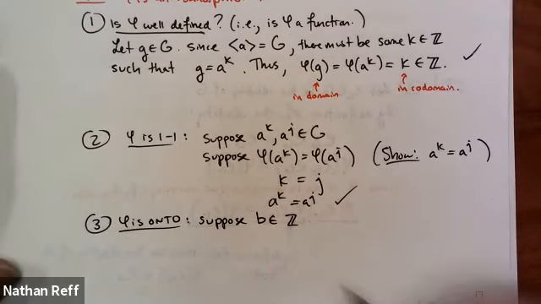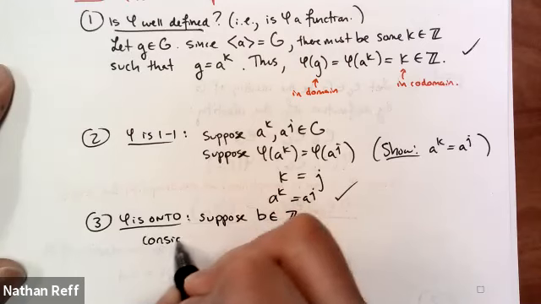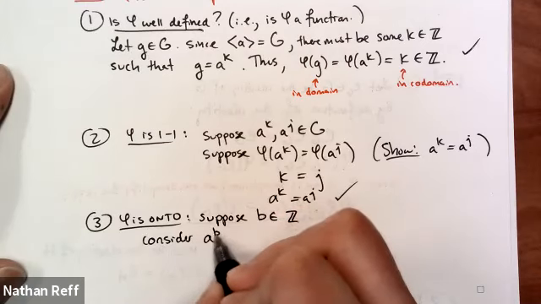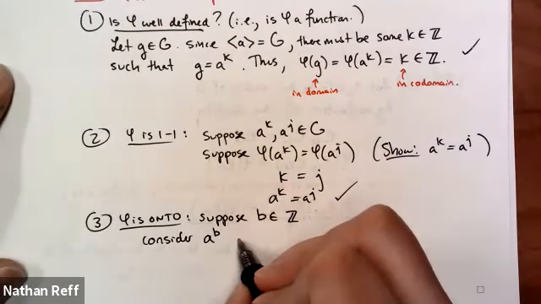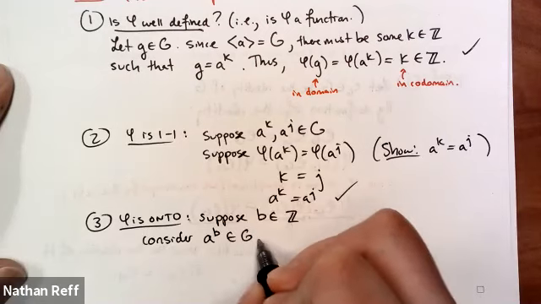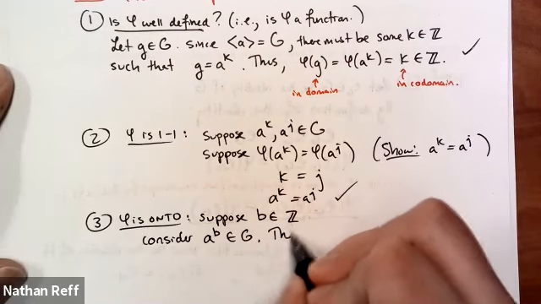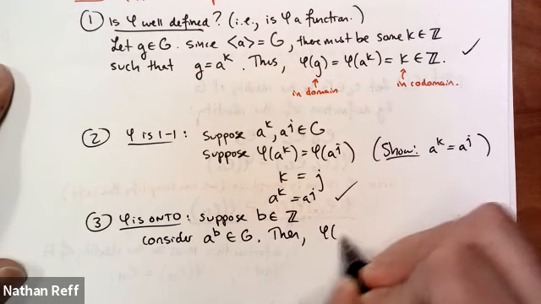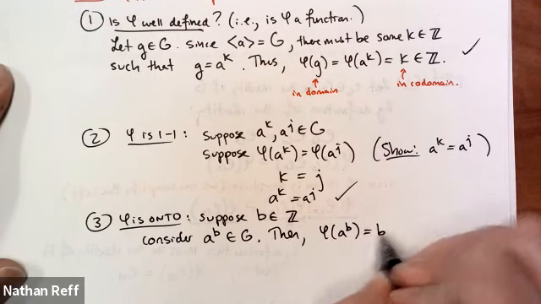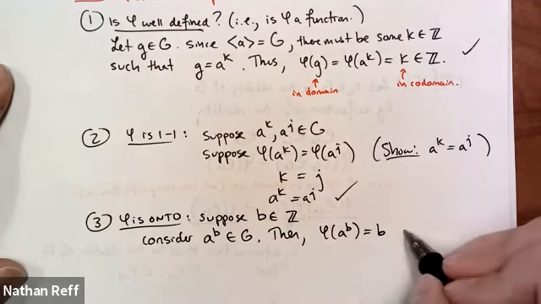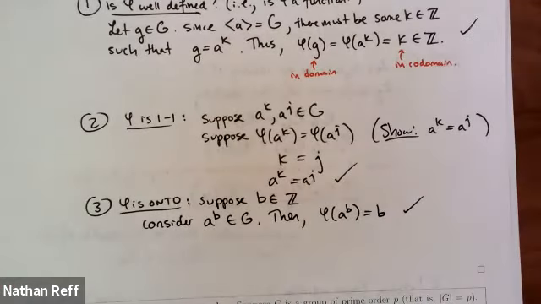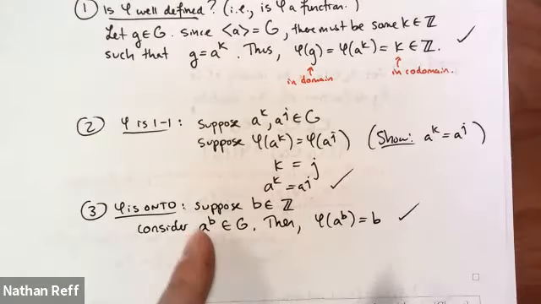Consider A to the B, which is in the group. Then phi of A to the B is equal to B. So you're done. You have to find something in the domain that gets mapped to that.